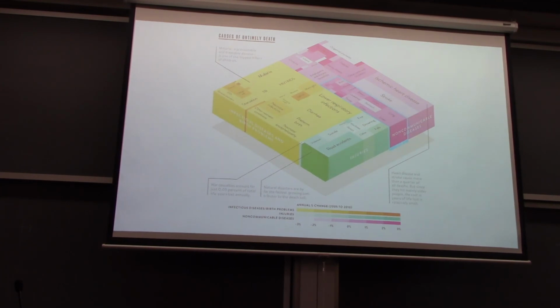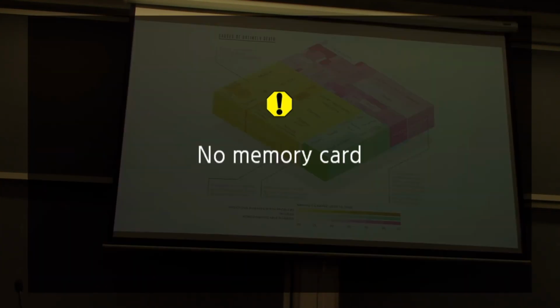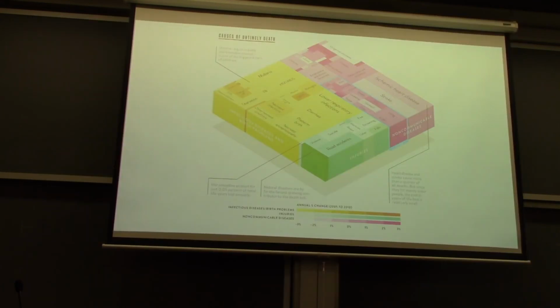Yes, that's a part of the data set. Anything else? The proportion of deaths caused by the three categories: injuries and non-communicable diseases. Exactly. So we see the proportions of the three big categories. Anything else?